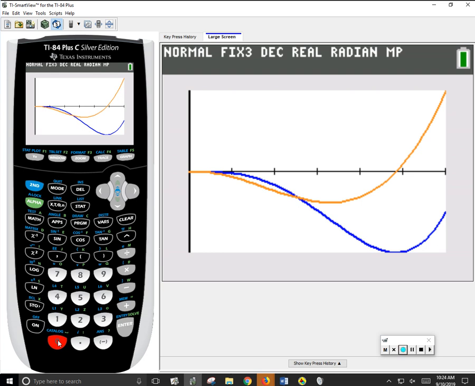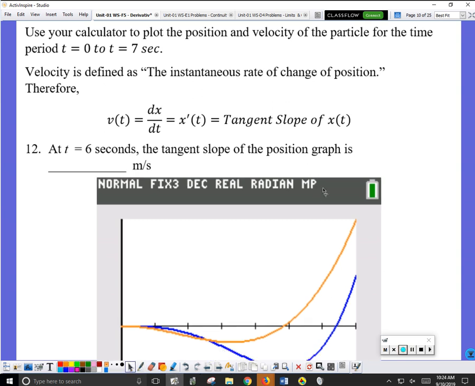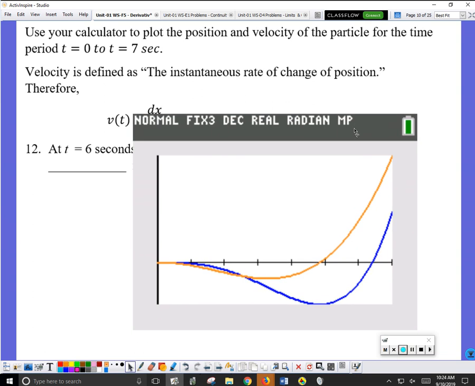The worksheet shows that, like my screen shows that same graph right here. I'll work here, it's a little easier with the pen. At time equals 6, here's time equals 6 on the position graph.